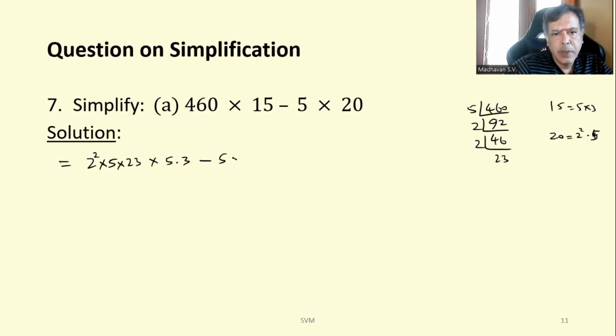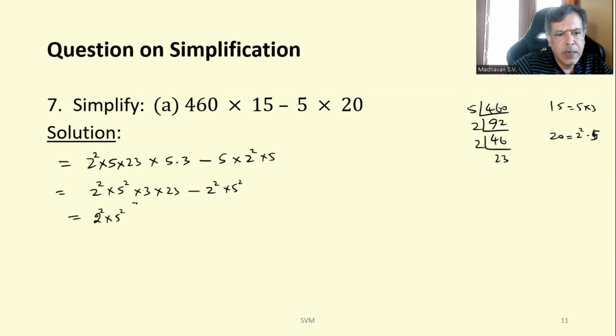So 5 multiplied by 2 square multiplied by 5, which can be rewritten as 2 square into 5 square into 3 into 23 minus 2 square into 5 square. So common we can take out 2 square into 5 square.